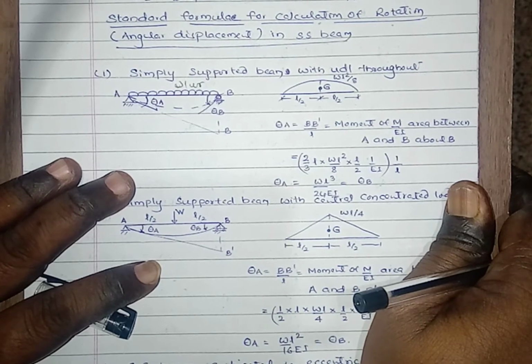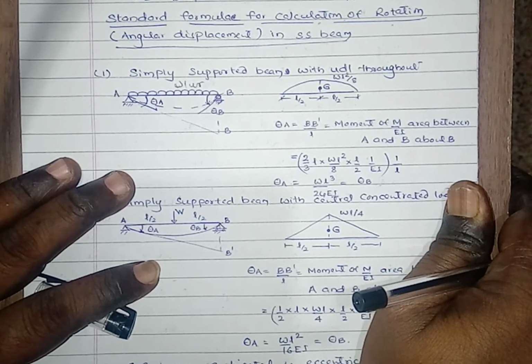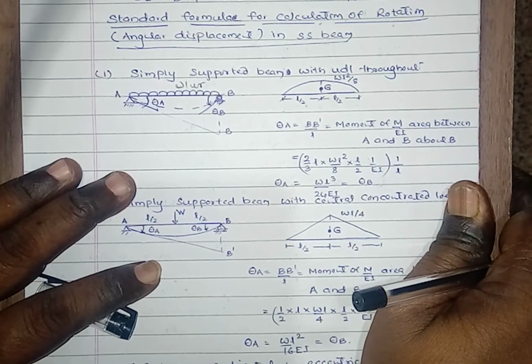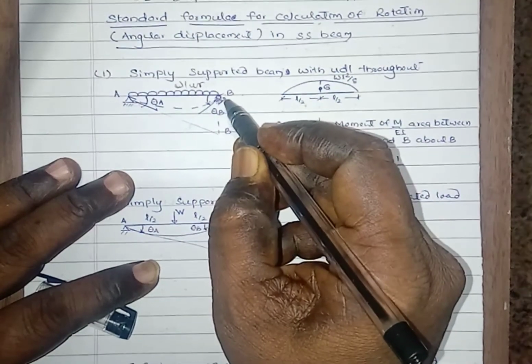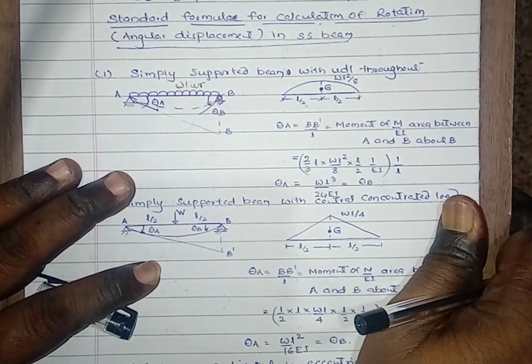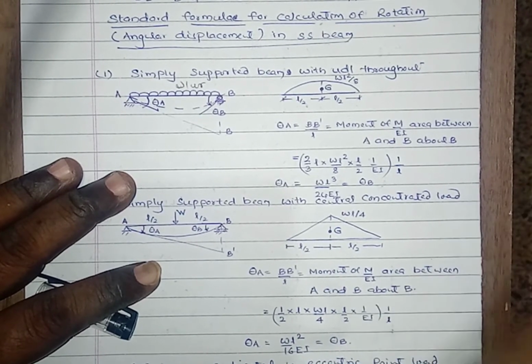Now the angular displacement at A and B due to the UDL by moment area theorem: theta A equals, by observing the diagram here, the displacement at B due to the tangent at A, that one is BB dash.